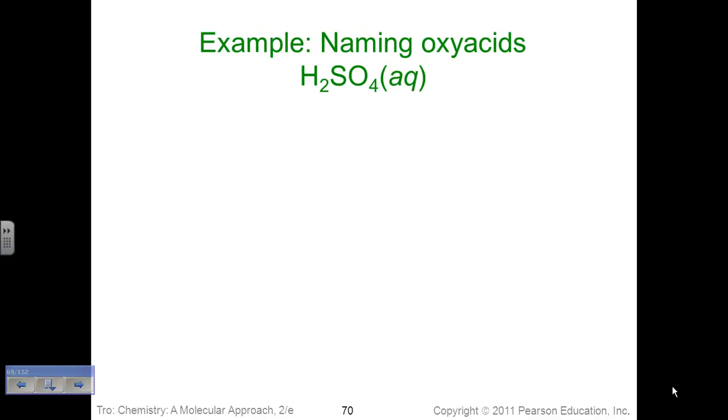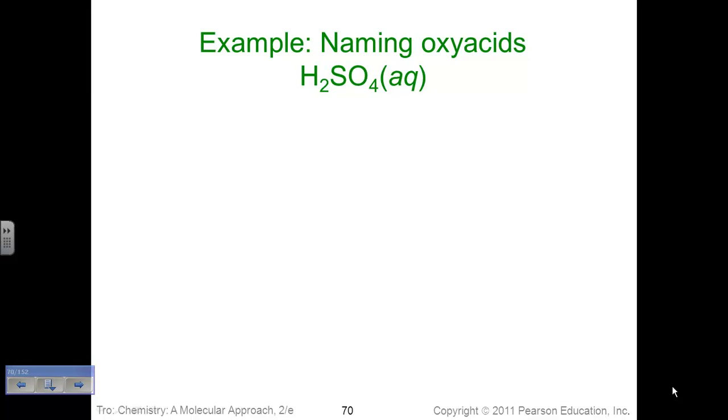I see a formula, H2SO4. This compound is not binary. It has more than 2 elements. I will not hear the prefix hydro. It's considered an oxyacid. I see the oxygen at the end. That tells me to pull out the polyatomic ion chart and go to work finding the polyatomic ion SO4.